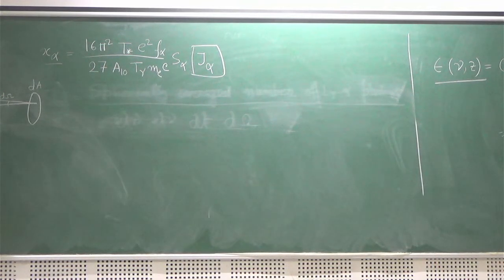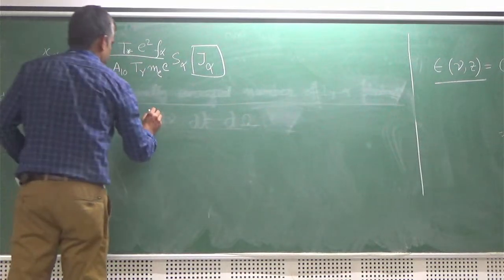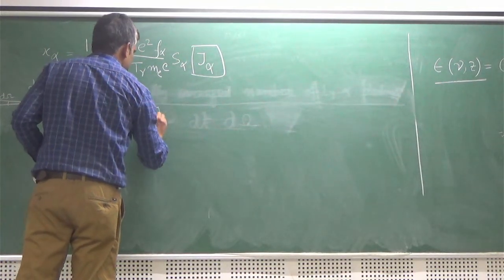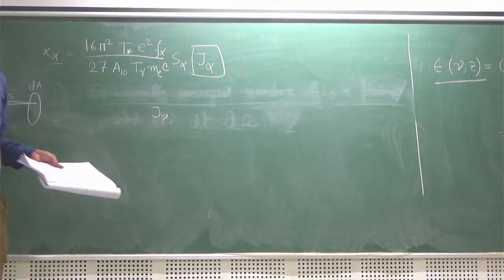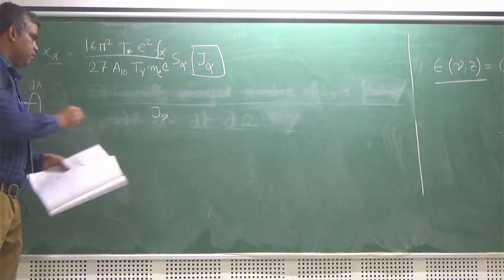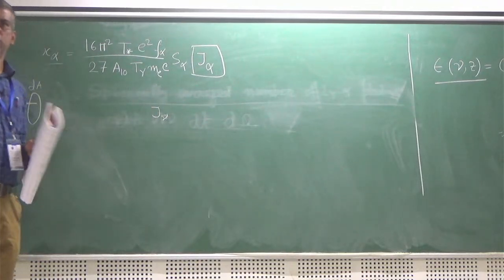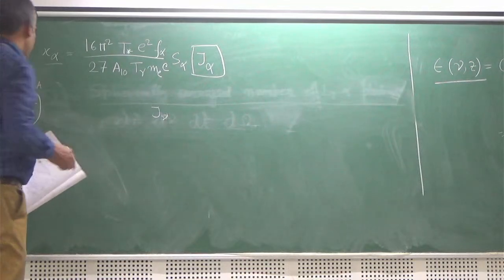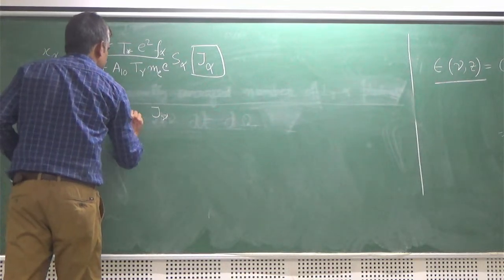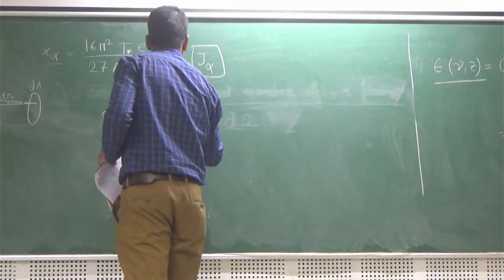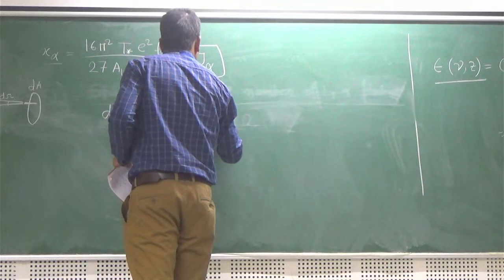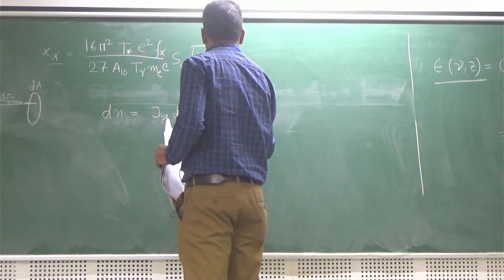So how do we define J alpha? Let's consider another quantity J nu that is slightly different, not a spherically averaged quantity, but the same quantity for a small solid angle d omega. So it is the number of photons striking per unit area, per unit time, per unit frequency, and per unit solid angle.